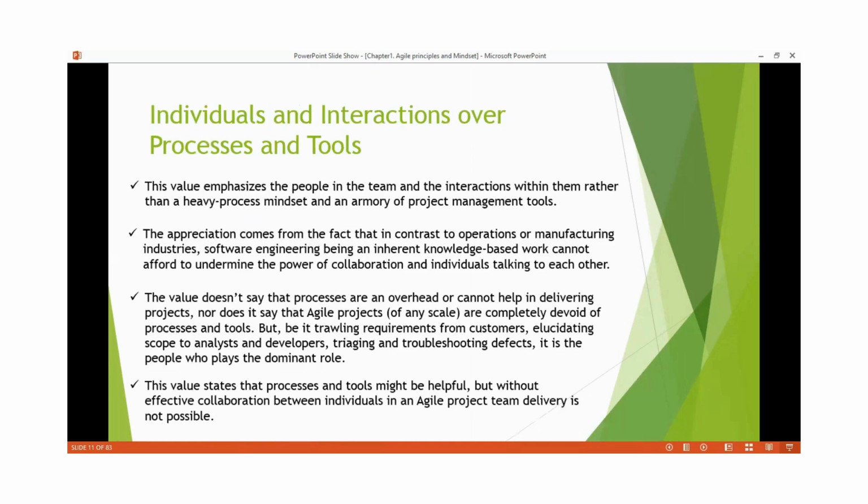So it's very important in the industry to have the team working all together. And at the end of the day, we're looking to deliver the projects, right? And to have the appropriate tools that will be able to meet the customer requirements, perform a scope analysis, deliver, and troubleshoot the defects.